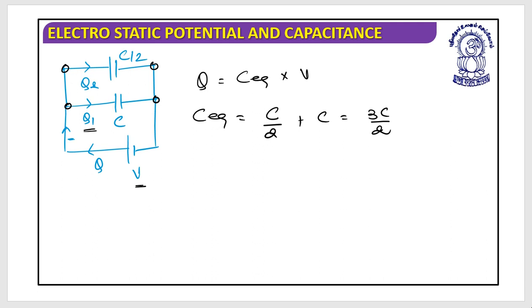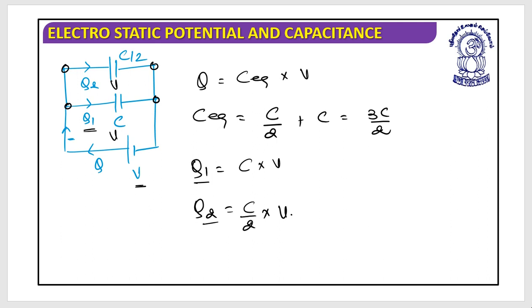So this is having a voltage of V, and this is also having a voltage of V. So Q1 is equal to C multiplied by V. What is Q2? Q2 is C by 2 multiplied by V. So I can have a value of Q1 and a value of Q2. This is Q1 and this is Q2. I hope these things have been done.